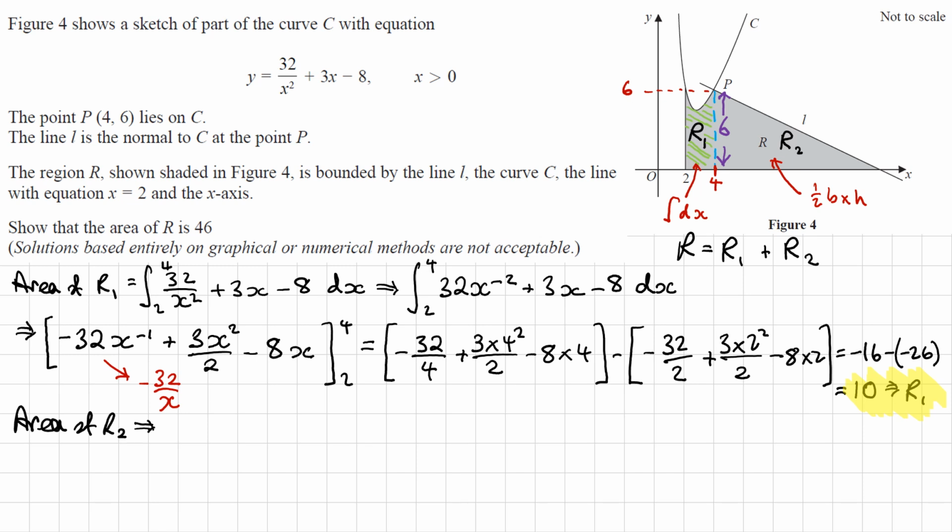Now to find that intersection I need to find the equation of L1, and to find the equation of L1 I need a point that it passes through, which I have, (4, 6), and I also need its gradient.